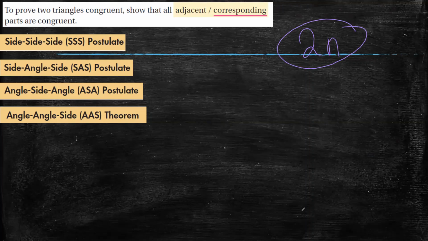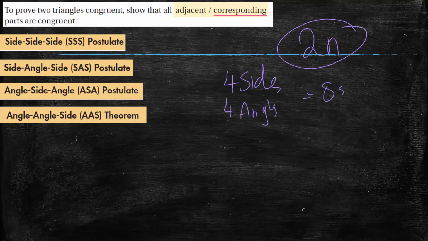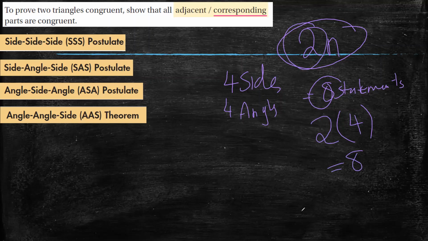As an example, to prove that these two rectangles are congruent, you have to write the four sides with the four angles, so you will have 8 statements. All of us know that we have 4 sides for the rectangle. If you multiply it by 2, you will get 8. That's why we need 8 statements to prove that these two shapes are congruent.